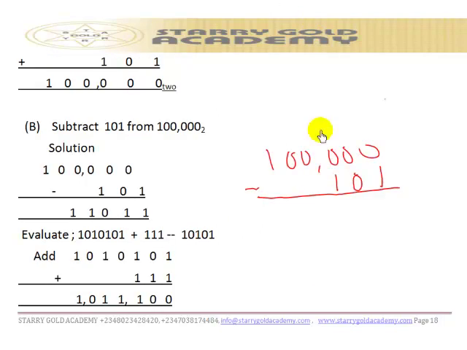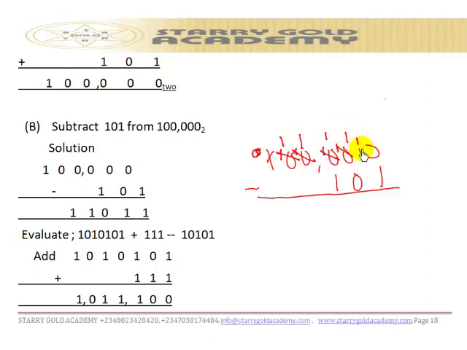So what do we do? 0 can't subtract 1, so we borrow 1 from this guy. This guy becomes 0. However, we can't take the 1 here, so the 1 comes to the next number. That's 2. Borrow 1 from 10, it becomes 1, and this becomes 10.